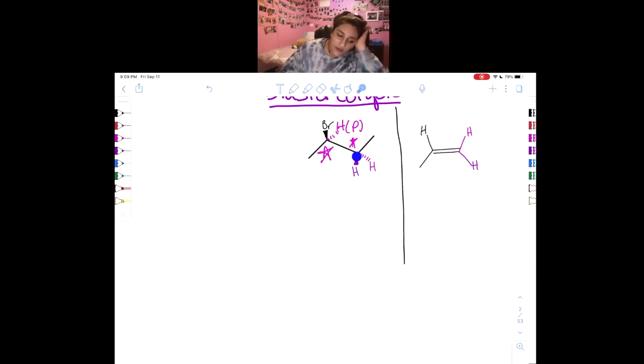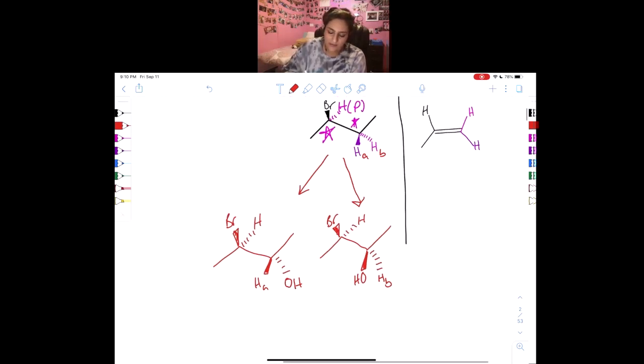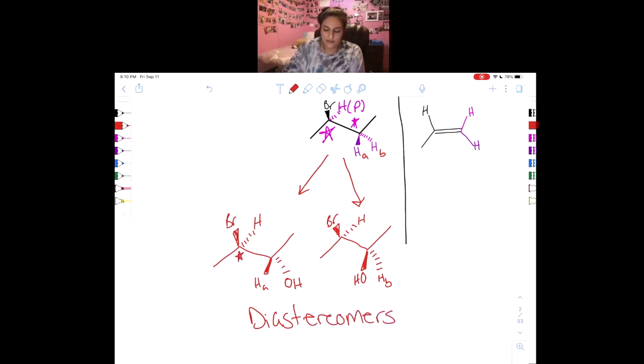What this means for us is that the two hydrogens on the potential chiral center are going to be diastereotopic. The reason for that is now when we substitute it, instead of getting a pair of enantiomers, we actually get a pair of diastereomers. And this is because now we have two chiral centers.